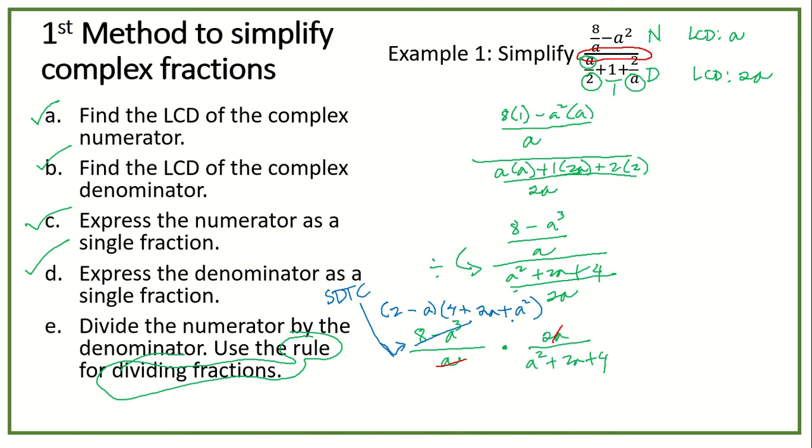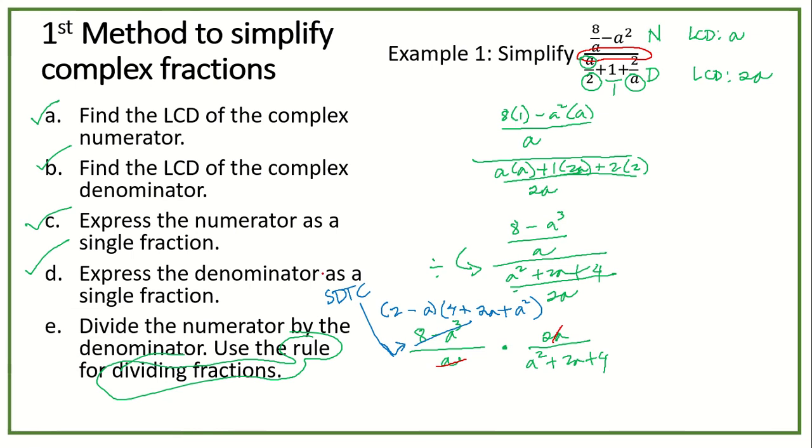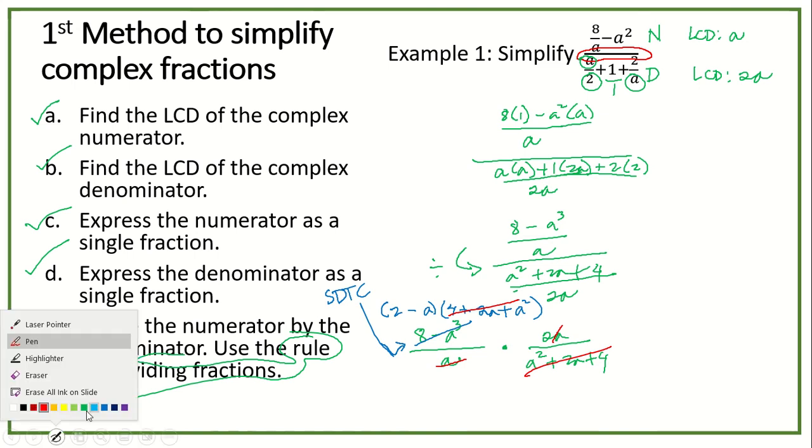Okay. What do we notice? Can we cancel anything out now? The answer is yes. They are the same: a squared plus 2a plus 4. It's just that 4 and 2a are in front, but this is commutative. So if we arrange it, it's still a squared plus 2a plus 4. So, it will cancel out. Okay, so we have our final answer already.